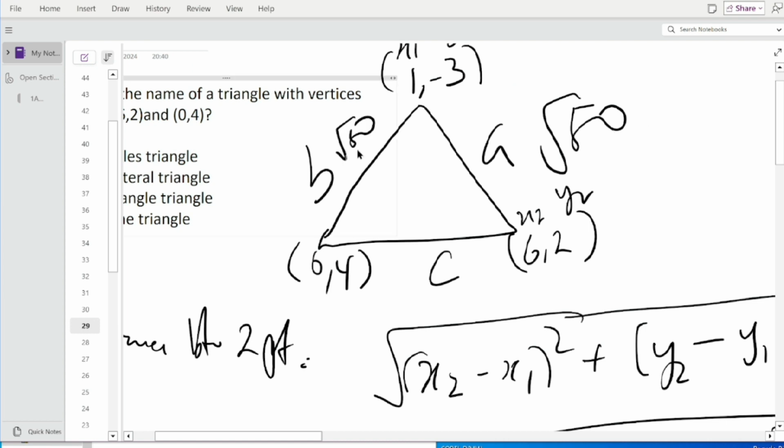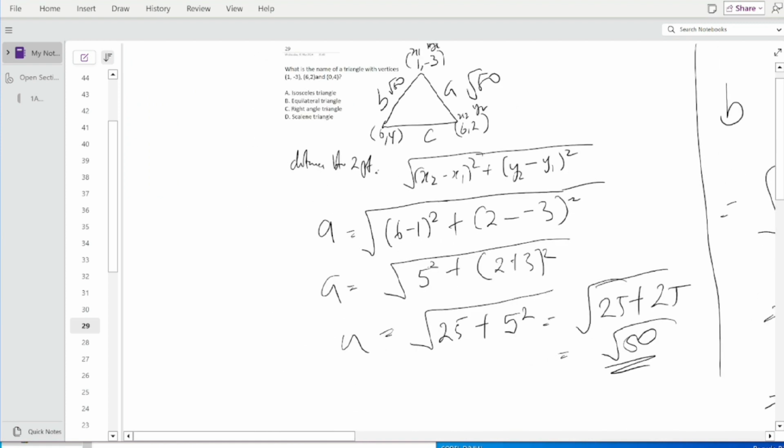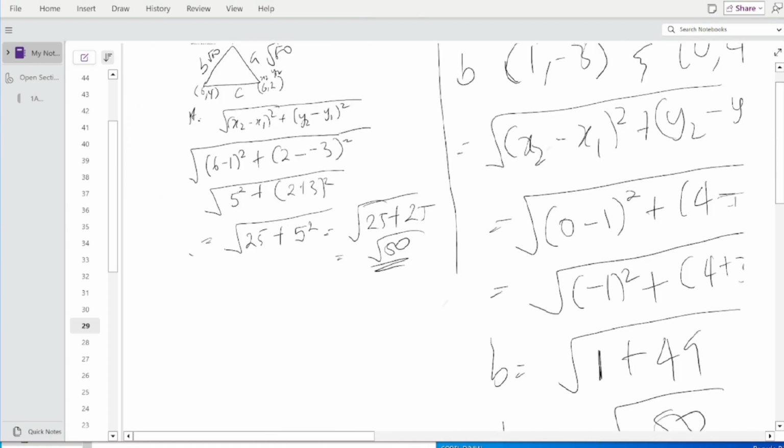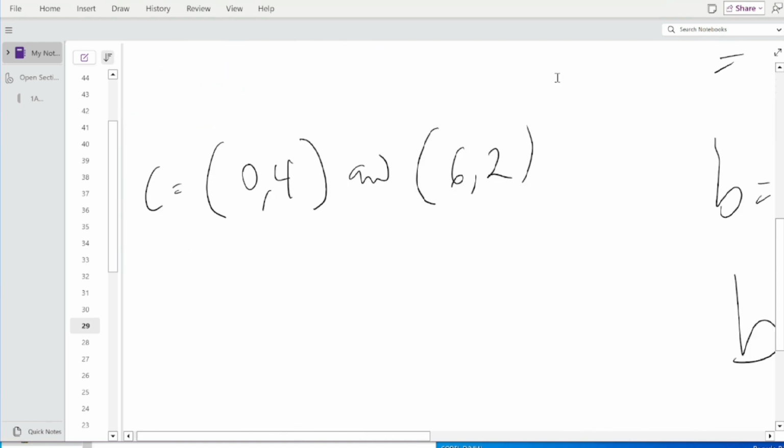So we have our A as the square root of 50 and our B as the square root of 50. The answer to the question is either an isosceles triangle or an equilateral triangle, because we have two sides already equal. Now we have to solve for the last part, that is C, to see what kind of triangle it is. The coordinates for our C are 0, 4 and 6, 2. So this is our x1, y1, x2, y2.